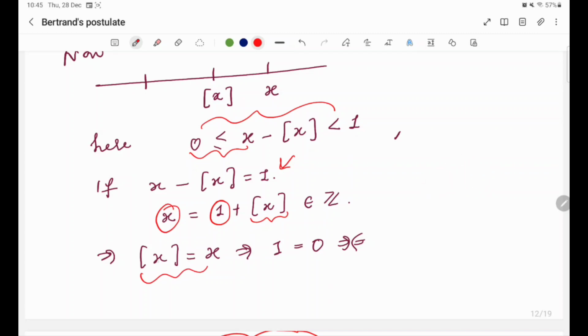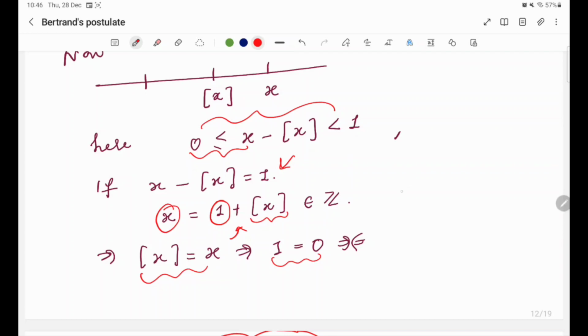So that means box x equals x, and if you put it back, they both cancel out and you get 1 equals 0. That is an absurd idea, right? So surely x minus box x cannot be equal to 1. That case we have ruled out, right?